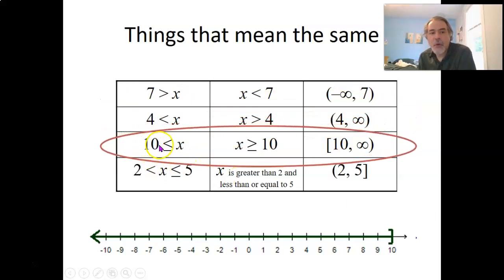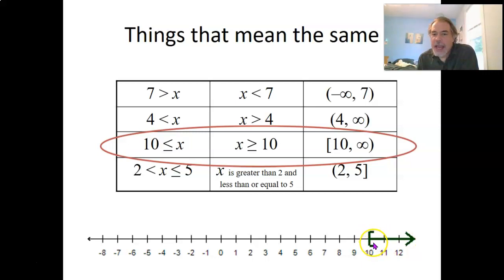10 is less than or equal to X means the same as X is greater than or equal to 10. And I got that backwards, didn't I? There, I fixed it. X is on the big side of 10. So X could equal 10. It says X is greater than or equal to 10.